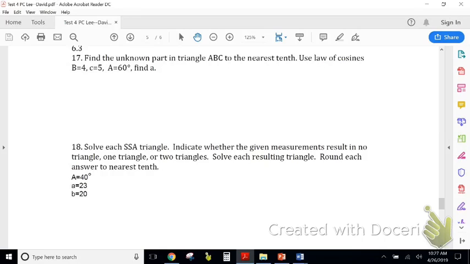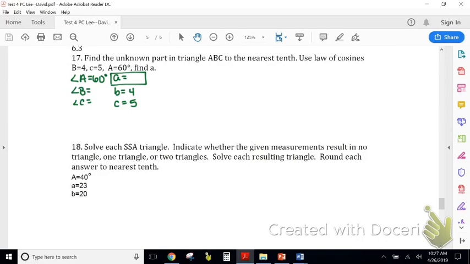I'm going to go ahead and just write out what we've got. This helps me figure it out. If you don't need it, you don't have to. All right, and we're after side A. So this is what I need.